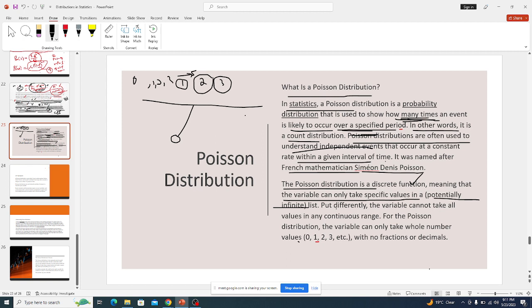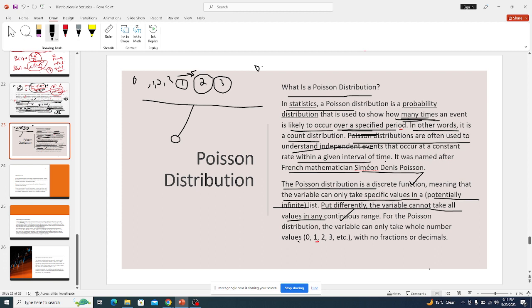But it does not take decimals. It takes the whole values. To put it differently, the variable cannot take all values in any continuous range. Of course, it can't take decimals.